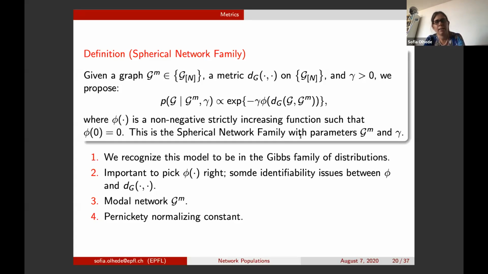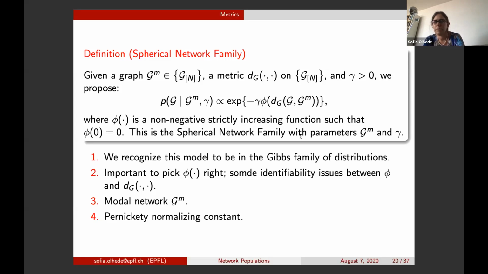This is in fact in the Gibbs family of distributions, which have been used for point process models and in other settings. You have to pick both phi and d right, and you can have identifiability issues if you do it nonsensibly. And we know that the Gibbs family distributions are a little bit difficult because they have a very annoying normalizing constant.